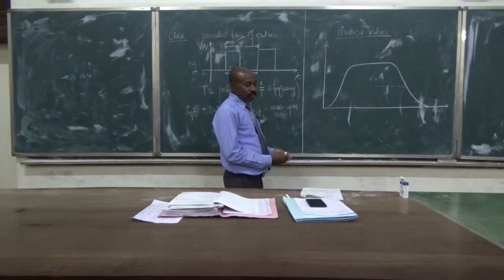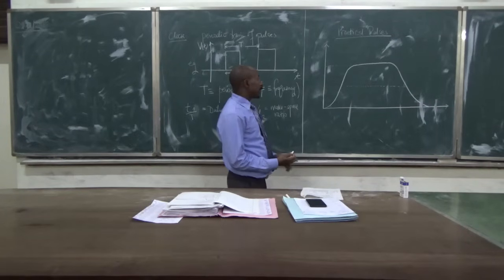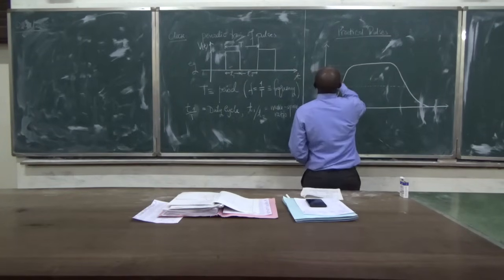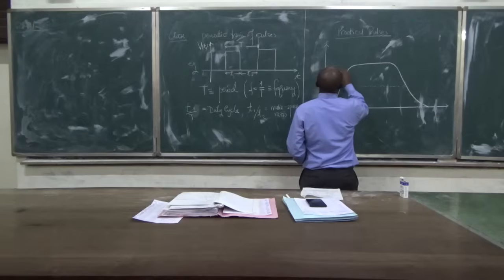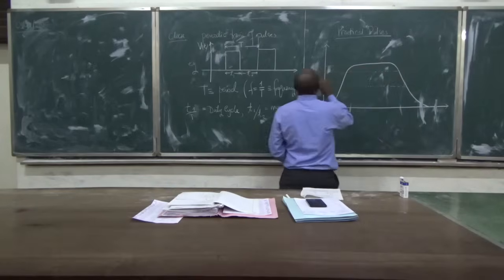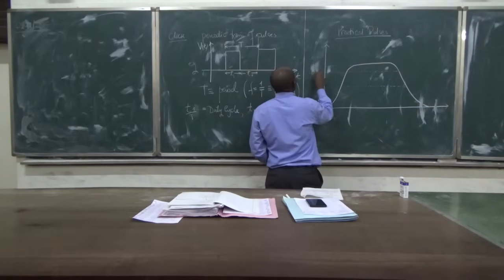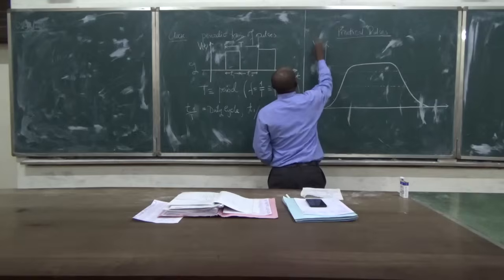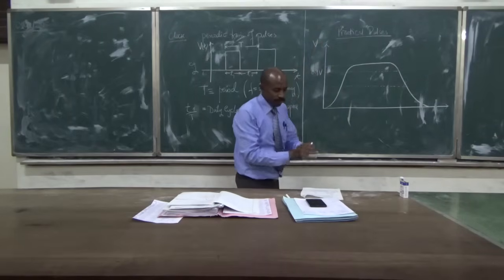The first definition is that we shall take 90% of the peak. This is 0.9 of the peak to peak.